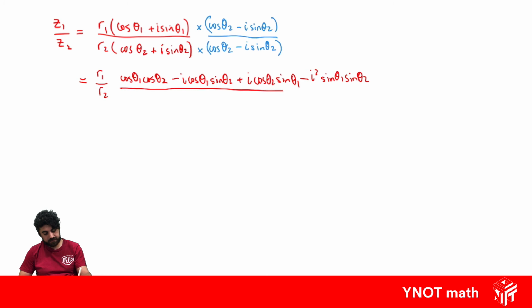That's all over cos squared theta 2 minus I times cos theta 2 sine theta 2 plus I cos theta 2 sine theta 2 minus I squared sine squared theta 2.